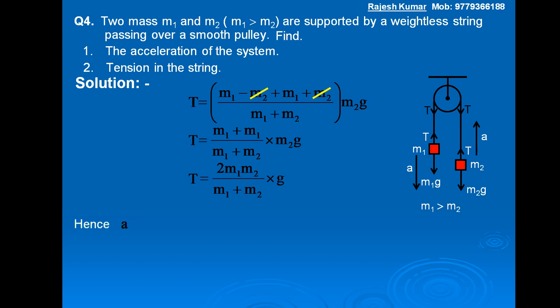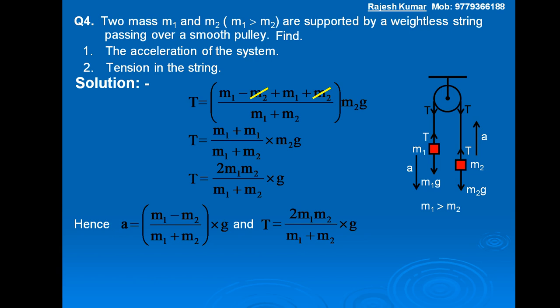Hence, acceleration A is equal to M1 minus M2 upon M1 plus M2 into small g, acceleration due to gravity, and capital T tension is equal to 2M1M2 upon M1 plus M2 into small g.